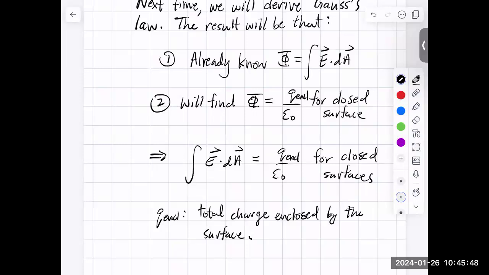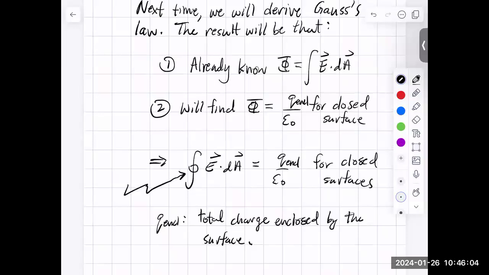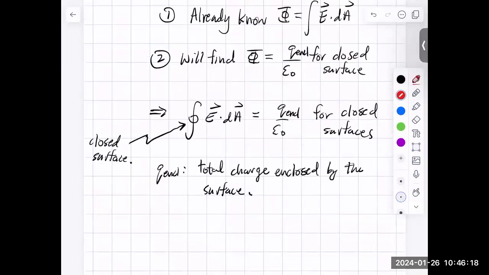But usually people will put a little circle on the integral sign if the surface you're integrating over is closed. This emphasizes that we are talking about the special case of a closed surface. Okay, and so this will be Gauss's law.